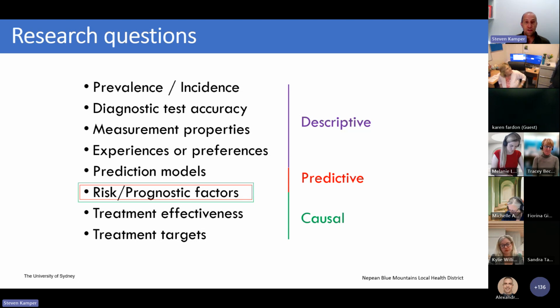Similarly, if you can't put that study into one of these three groups, it's probably going to be very, very hard for you to interpret the results. As regards designing a study, as I said before, you need to have that clarity of understanding in order to design your study well.